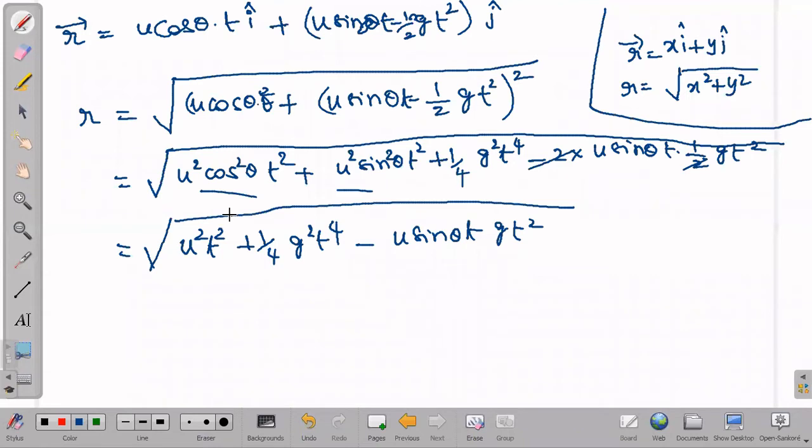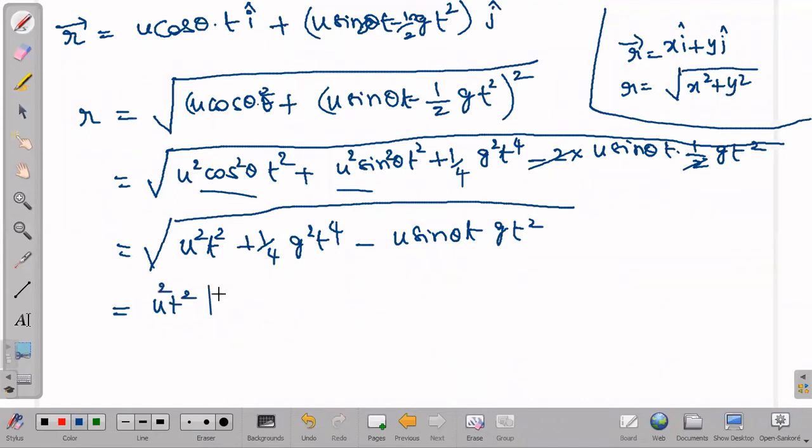Now if I take out common from all this, I want to take u square t square common so that it will come out of the root easily.